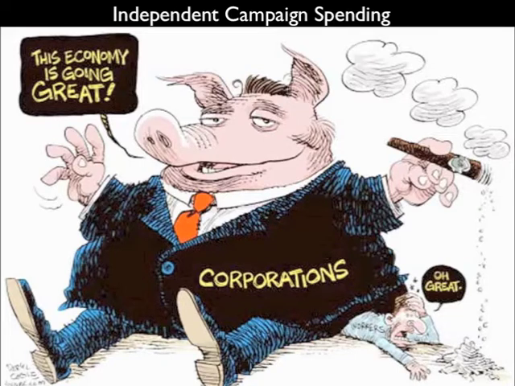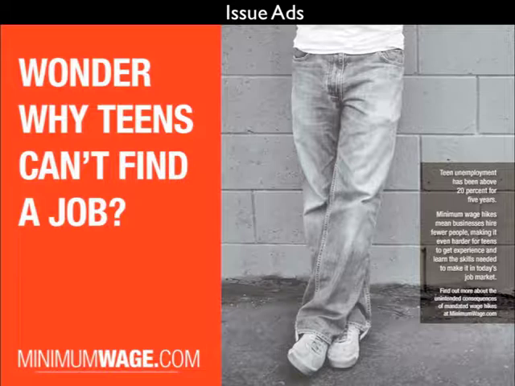A person unrelated and unconnected to a candidate or party can spend as much money as they want to benefit or work against candidates. And issue ads. Take a stand on certain issues in order to criticize or support a certain candidate without actually mentioning that person's name.